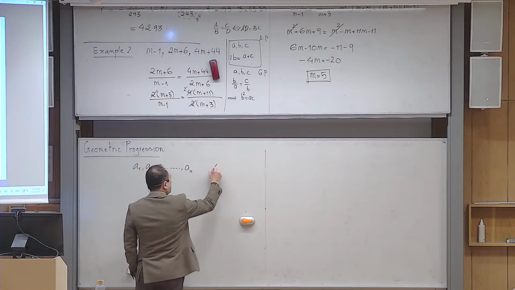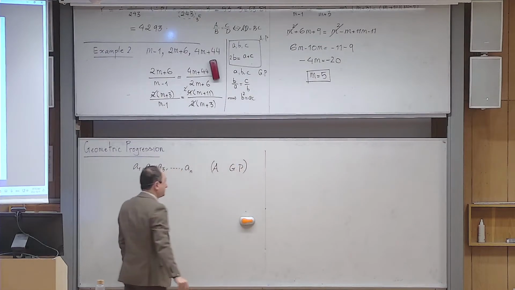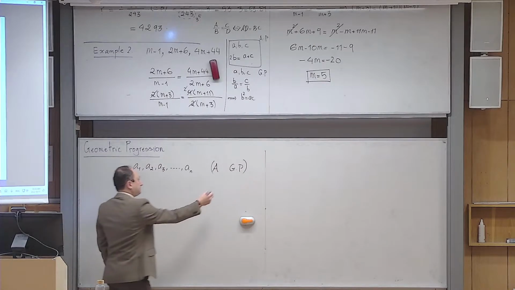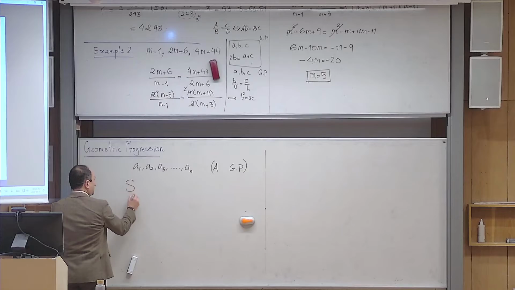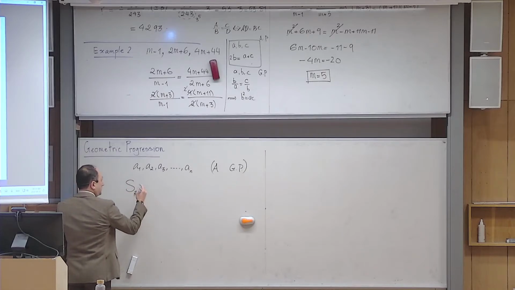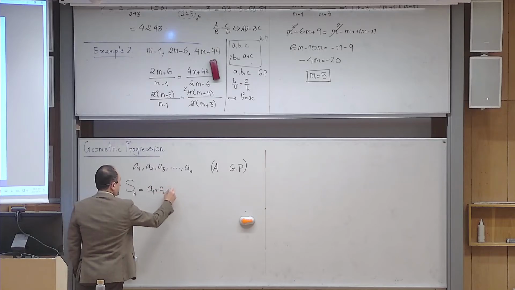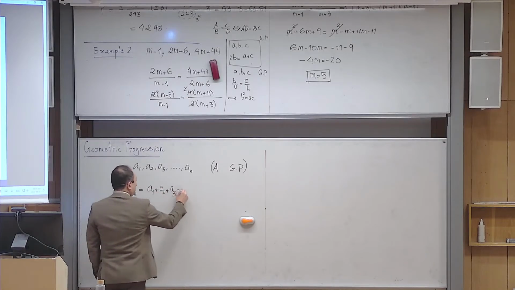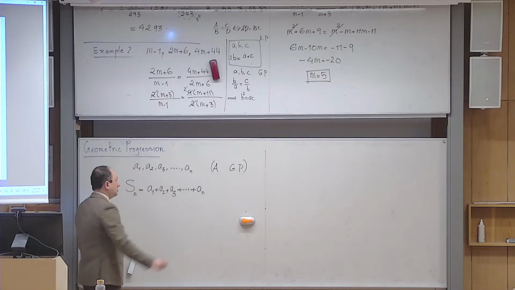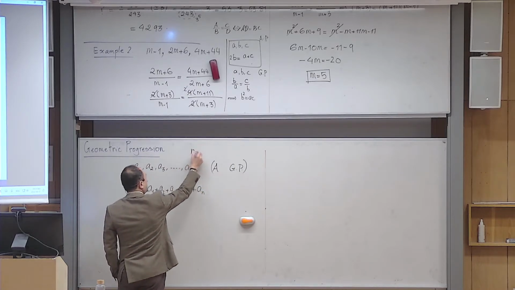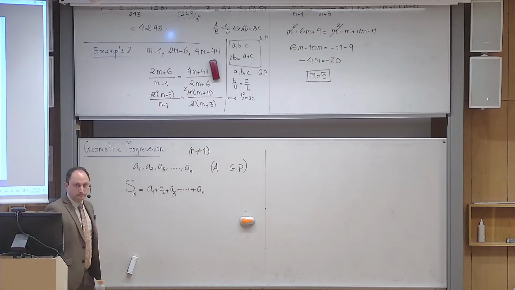This is a geometric progression. And my goal is to find a formula for Sn. What is Sn? By definition, it is A1 plus A2 plus A3 up to An. And I know that the common ratio is not equal to 1, but it can be any other number.